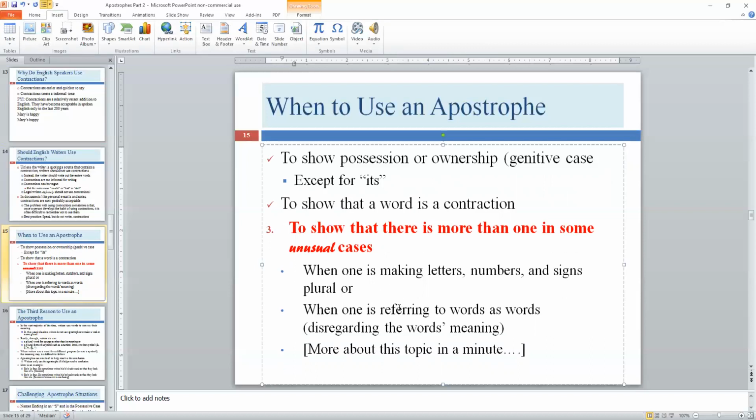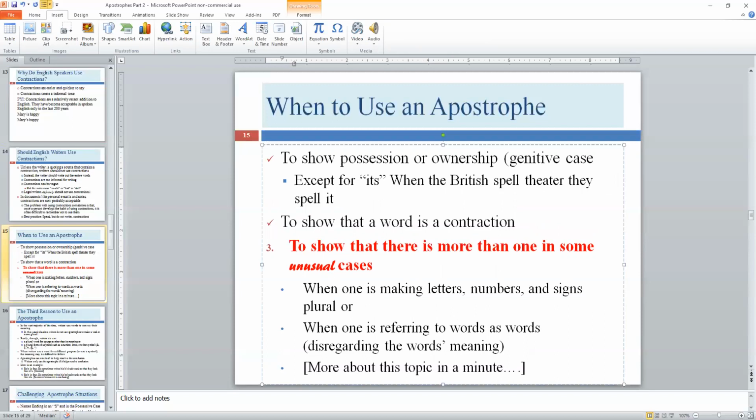Another time that we might use an apostrophe when something is actually a word might be this. When the British spell theater, they spell it t-h-e-a-t-r-e, right?